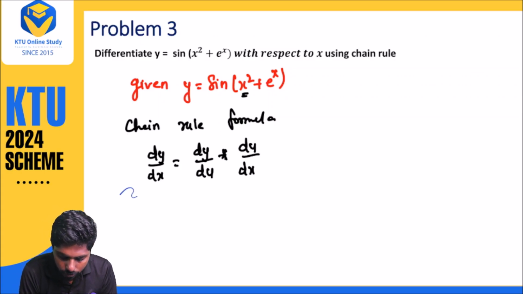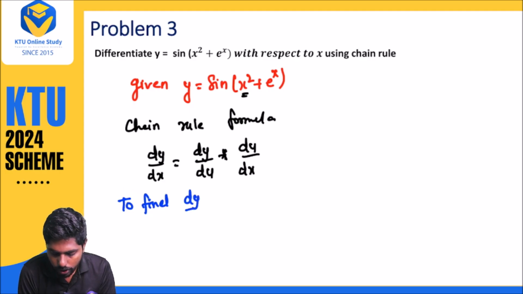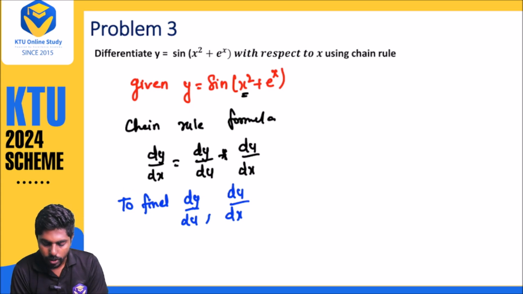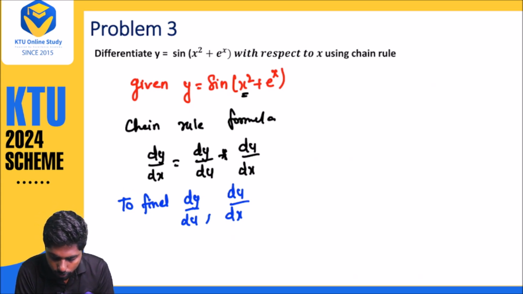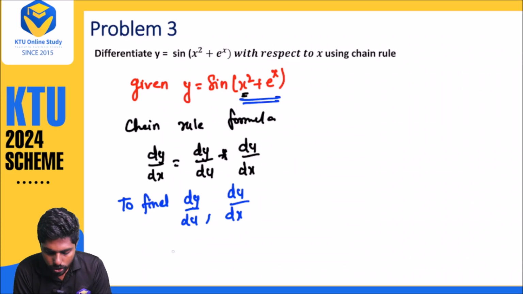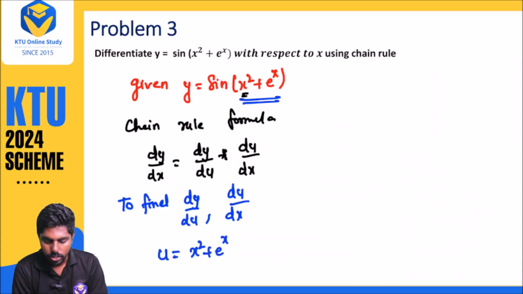We want to find dy/du and du/dx. So from here, what is u? I can consider this as u. So I am taking u is equal to x square plus e power x.